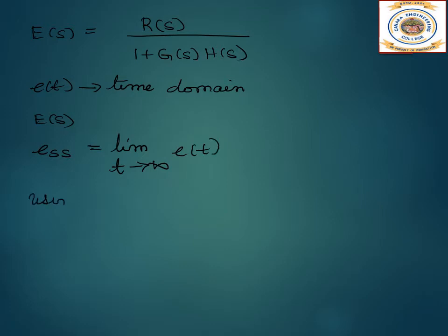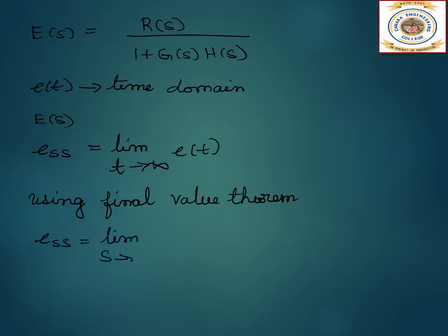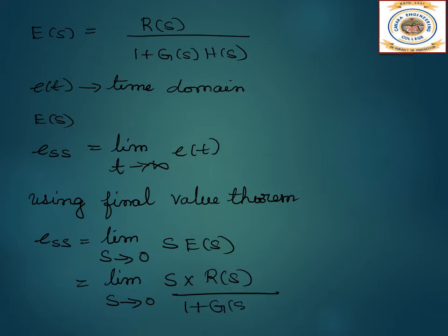By using the final value theorem, we can write this as ESS is equal to limit s tends to 0 of s into E of s. So if I substitute here, limit s tends to 0 of s into R of s divided by 1 plus G of s H of s. This is the steady state error.